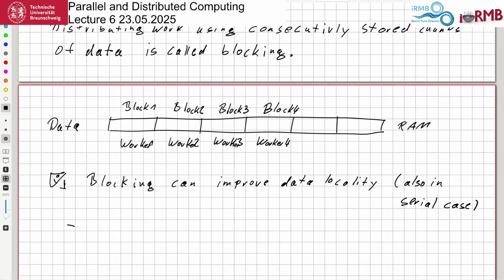So why do we want to do this? We want good use of caches, and we want minimization of inter-process communication.